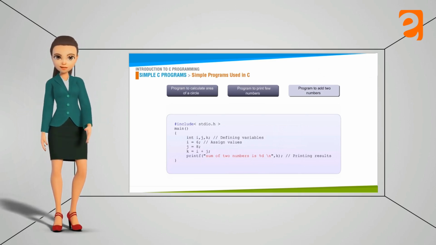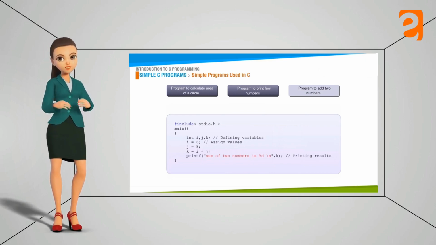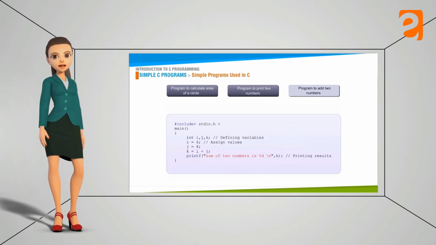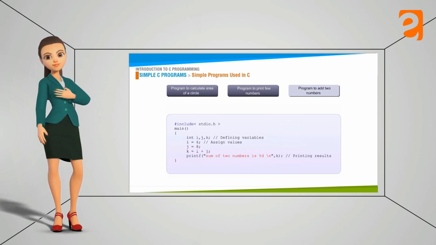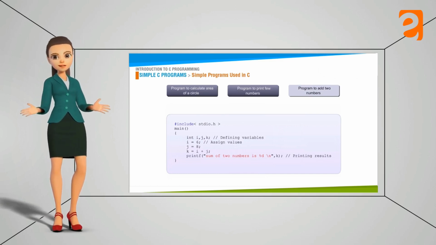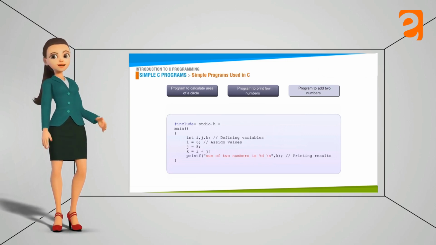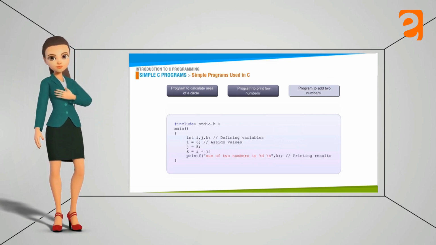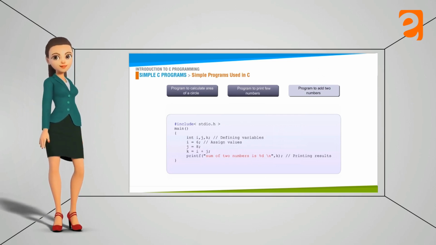The plus operator performs the sum of the variables i and j, and the value is assigned to the variable k. Using the printf statement, we can print the result which gives you the sum of the variables i and j. Here, the result is displayed as the sum of two numbers is 14.